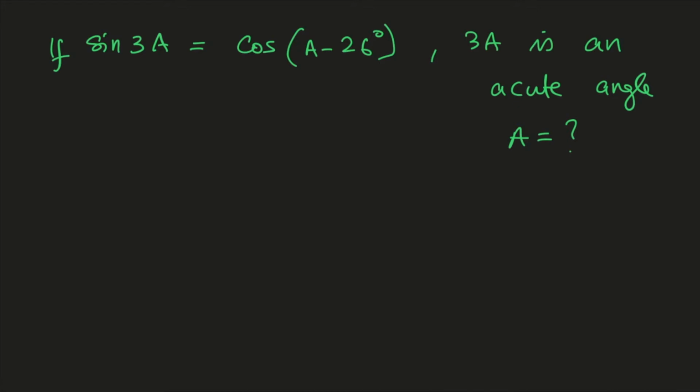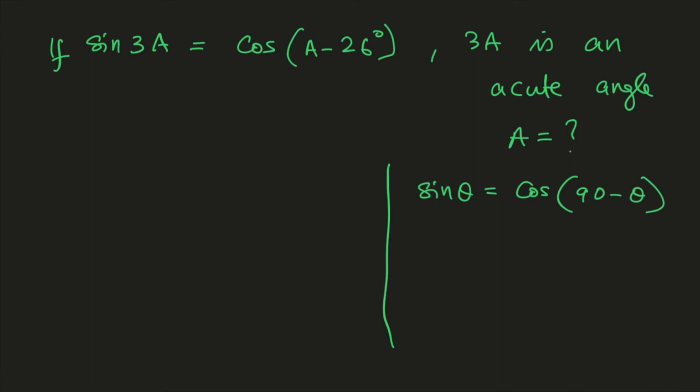So we have sine of 3a is equal to cos of a minus 26 degrees. So how do we compare sine and cos? We can use this idea that sine theta is nothing but cos of 90 minus theta.